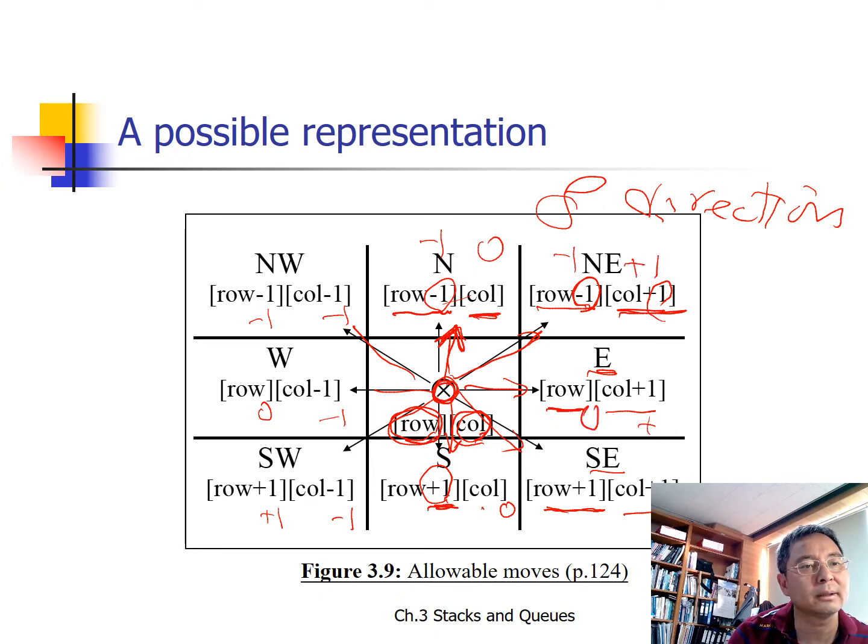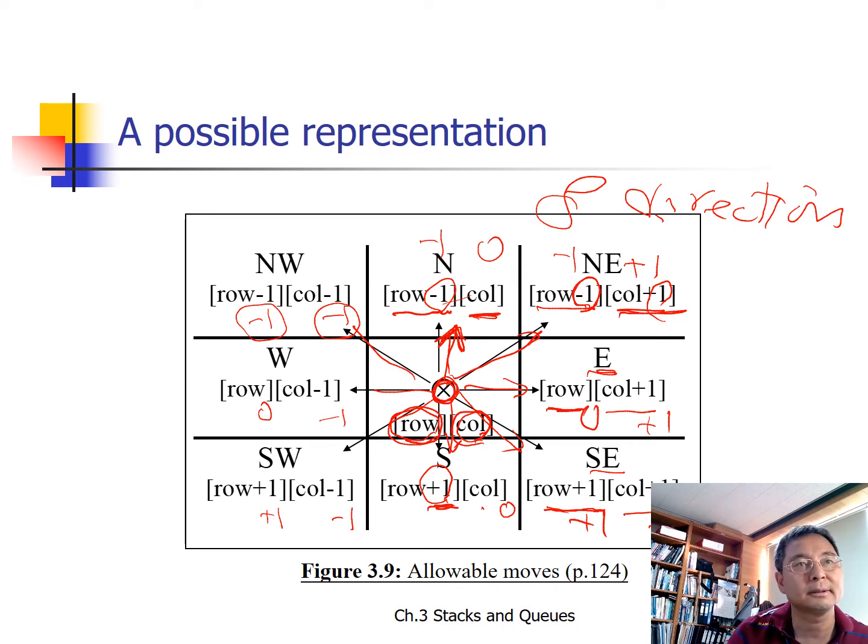So every one of the 8 directions has different values of these row and column changes. Using this, we can model the possible directions.